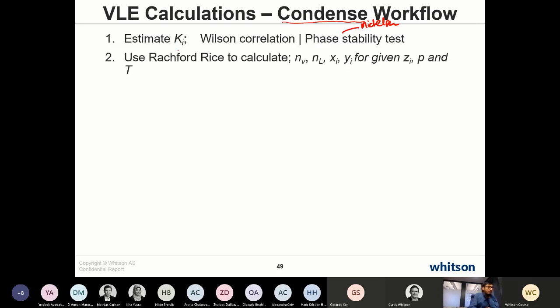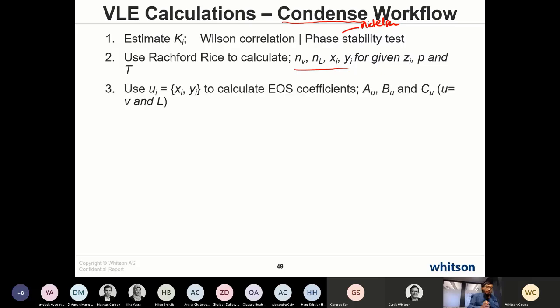Once you have the estimate of the K values, you use the Rachford-Rice to calculate all these numbers that we actually did on the first day for the given total composition, pressure, and temperature. So this is your flash calculation. And you can see now that you need the K values, right?